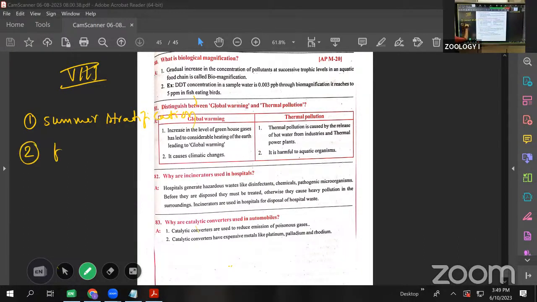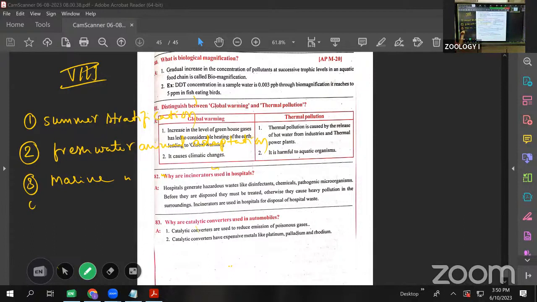Next is freshwater animal adaptations. Next is marine water animal adaptations.